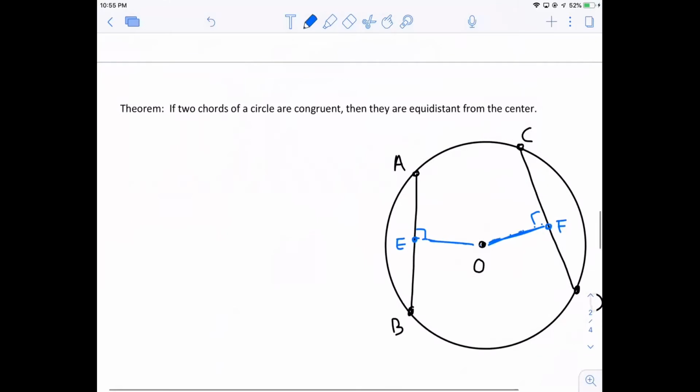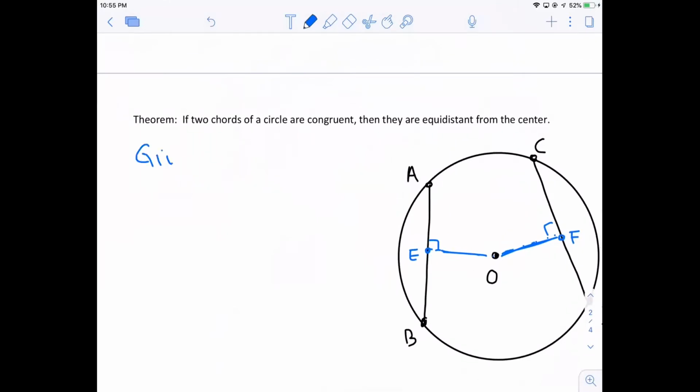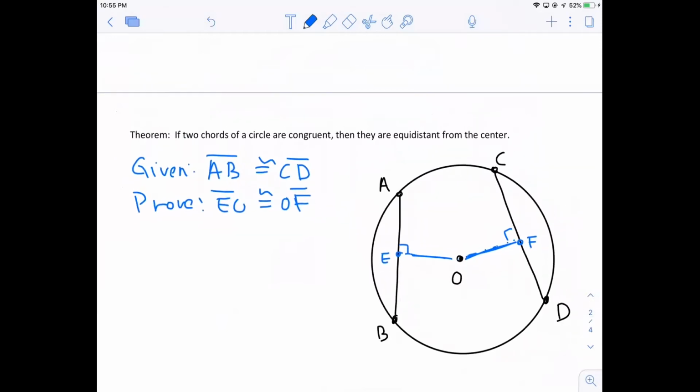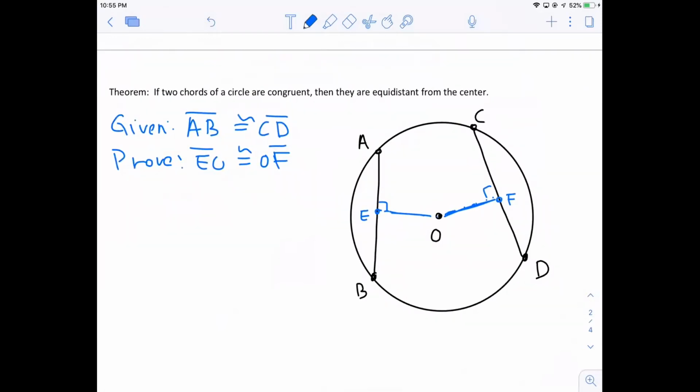We're trying to prove those two lengths are congruent given that AB is congruent to CD. We want to prove EO is congruent to OF. So I'll give you guys a hint, right?